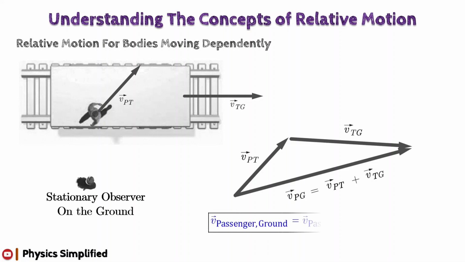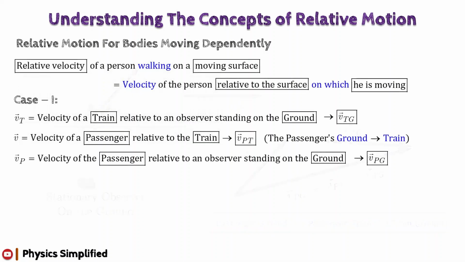From this triangle we can write, vector v suffix pg is equal to vector v suffix tg plus vector v suffix pt. Substituting the corresponding expressions, we can rewrite the equation as vector v suffix p is equal to vector v suffix t plus vector v.